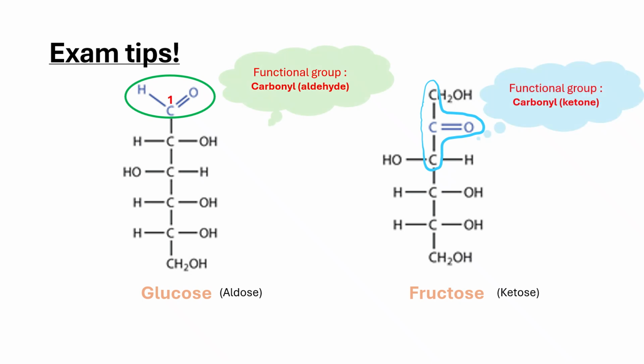So on the structure left, aldehyde will be the starting point. 1, 2, 3, 4, 5, 6 carbons in a main chain. So the main chain is going to be called hexanal. But you might have noticed that there's other functional group, the alcohol group, which will be considered as a side chain by using the hydroxy as a prefix. So there's 1, 2, 3, 4, 5 of those, and this brings pentahydroxy.